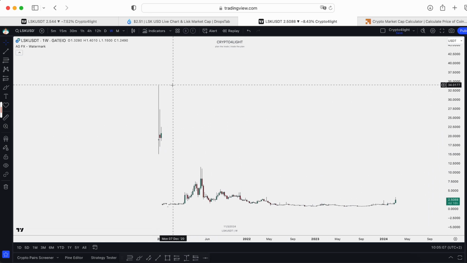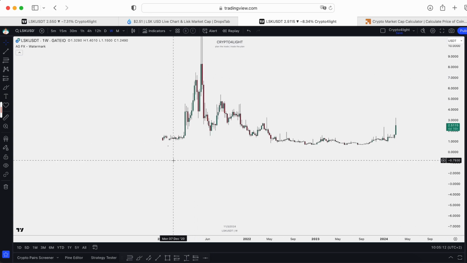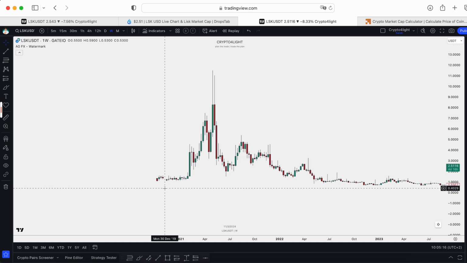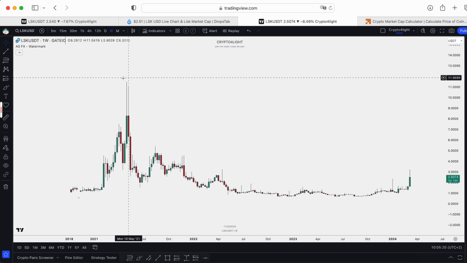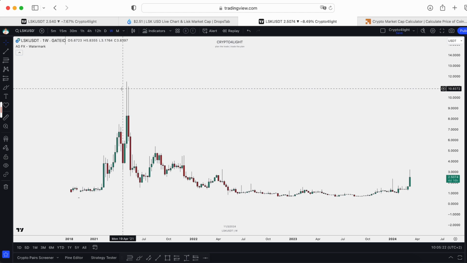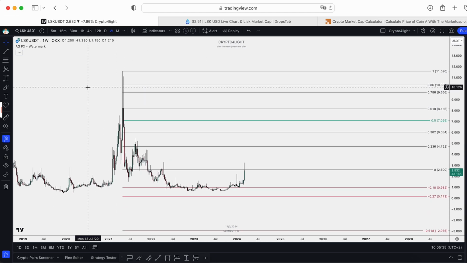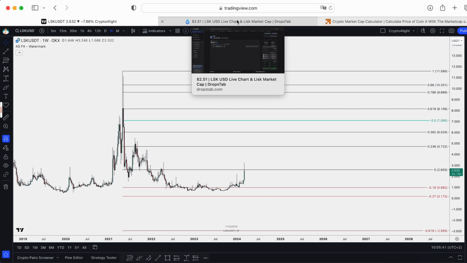The highest point was $33, around 34, and then we crashed down, with some empty space here and weird candles. So this was the end of the previous bull run in spring 2021. We'll analyze the chart on OKX and not count the main all-time high from Gate.io. But of course, if you believe in a new all-time high over $34, it's always up to you.